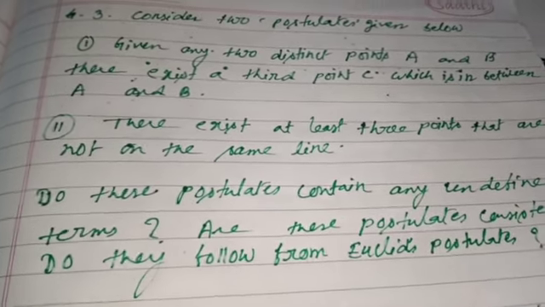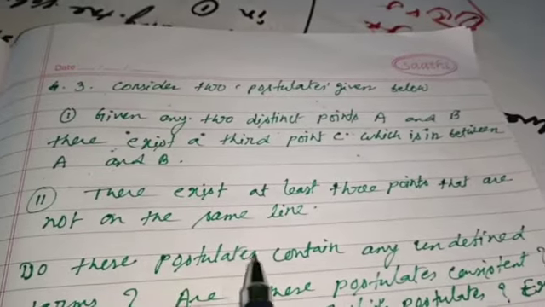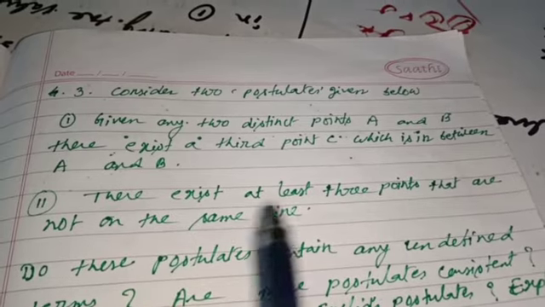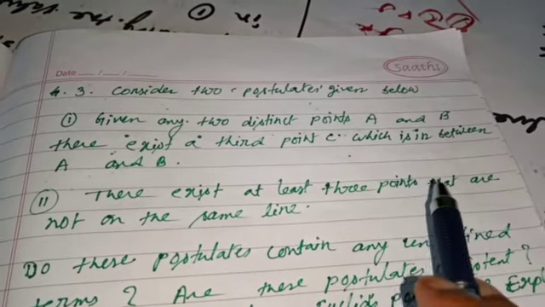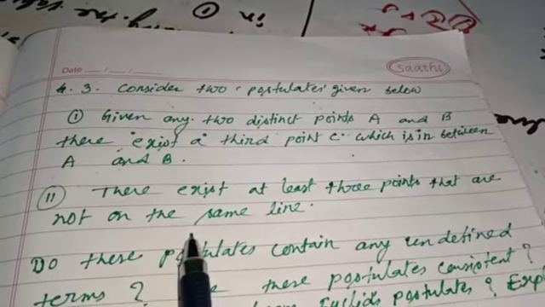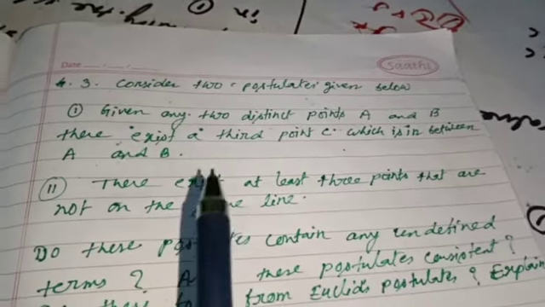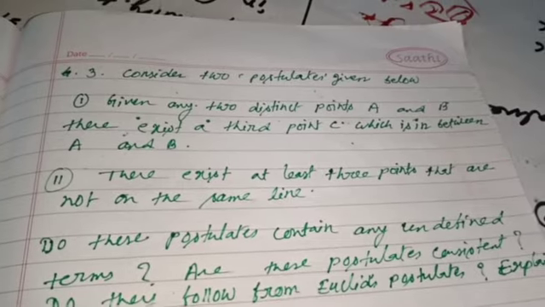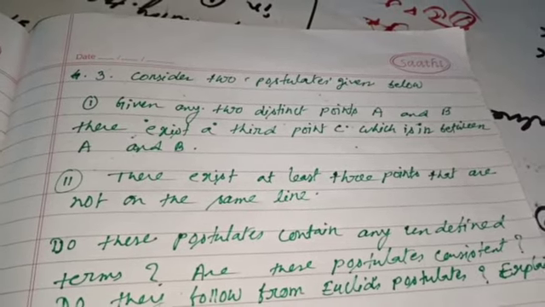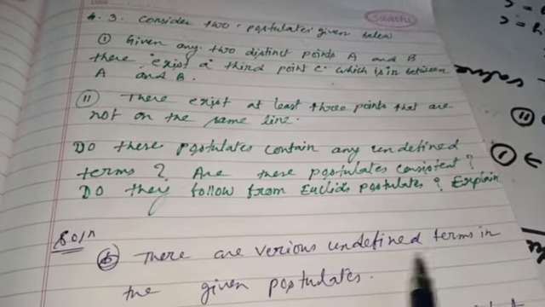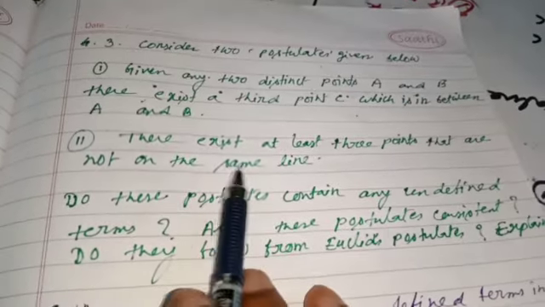See, given any two distinct points A and B, there exists a third point C which lies in between A and B, and there exist at least 3 points that are not on the same line. There are so many things to explain. Understood? They have not given clearly. That is why there are various undefined terms in the given postulates. So many undefined terms are here.